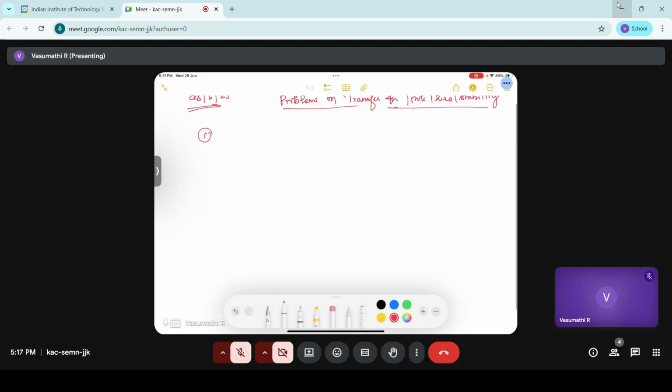The first problem, we'll write down the forward transfer function they have given of a unity feedback system. That is, it's a negative feedback with unity gain.